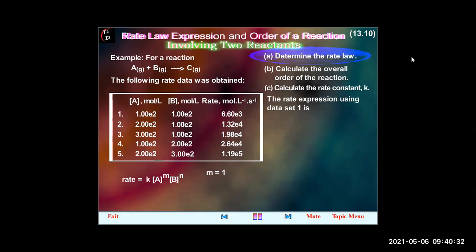The rate expression using dataset 1 is 6.60 E3 equals K times 1.00 E2 raised to the power of 1 times 1.00 E2 raised to the power of n. Write the rate expression using dataset 4.